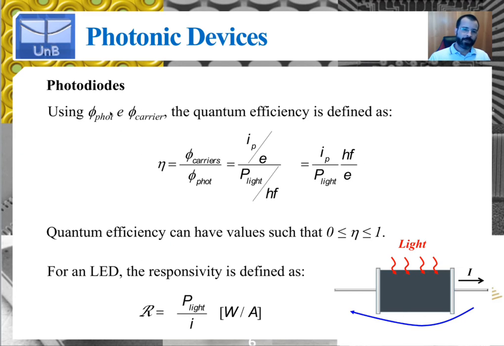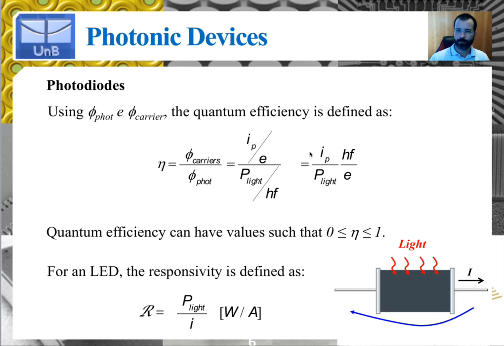So now in order to find the quantum efficiency, we just have to divide the rate of carriers by the photon rate. The rate of carriers we found to be the photocurrent divided by the elementary charge, and the photon rate is the light power of the impinging beam divided by the energy of a single photon.